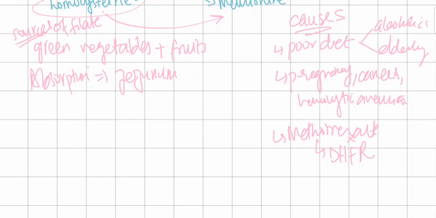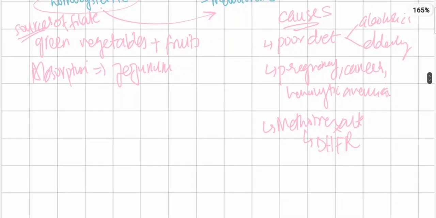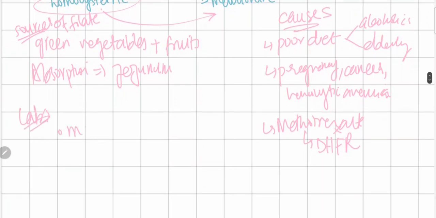Then, what are the lab findings of folate deficiency? It is going to be macrocytic. So labs are going to show macrocytic anemia, macrocytic RBCs, and also hypersegmented neutrophils.